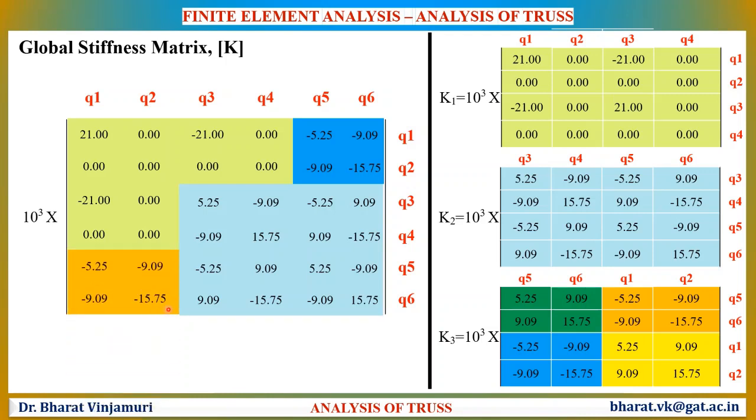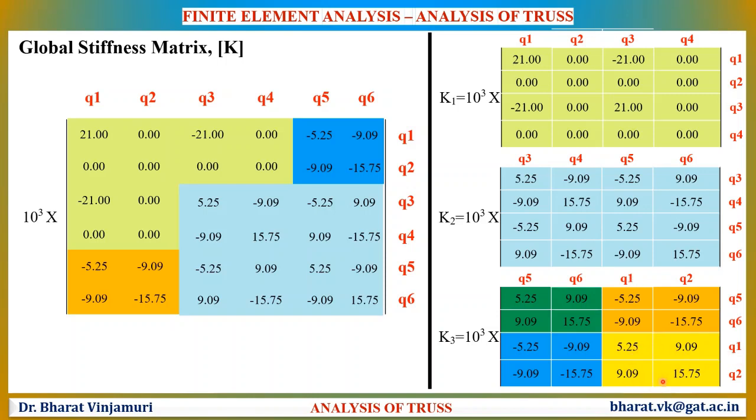Now, let us start filling the other parts. Carefully observe here, the yellow color one: Q1, Q2 are the rows and these are the columns. The columns and rows are represented by Q1 and Q2.